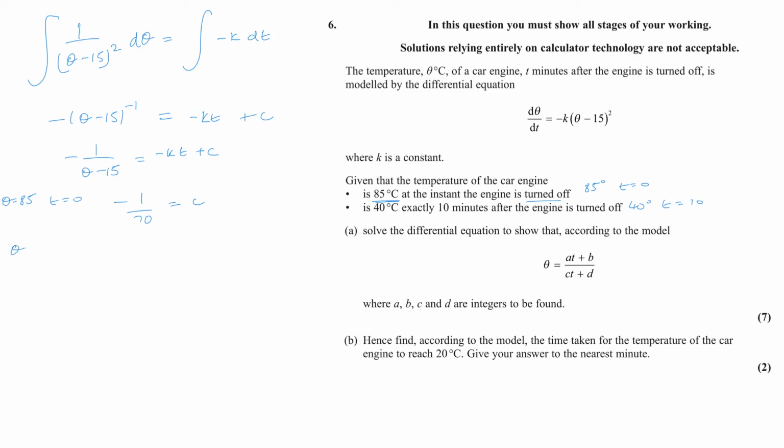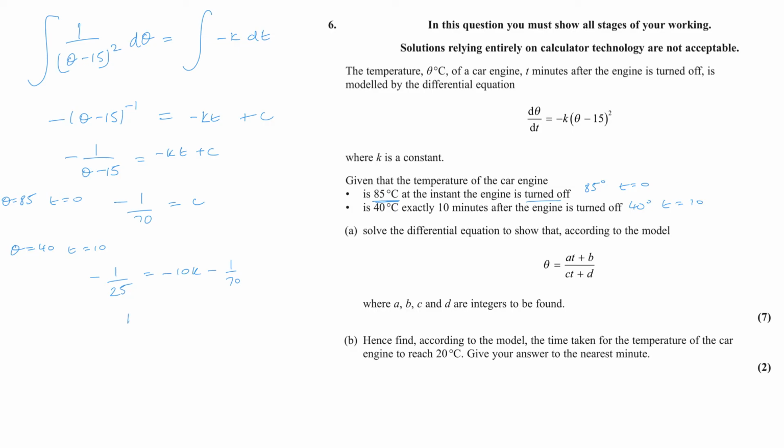And then we're going to substitute in 40 and 10. So minus 1 over 40 minus 15 is 25 equals minus 10k minus 1 over 70, as we've already found out what c is.